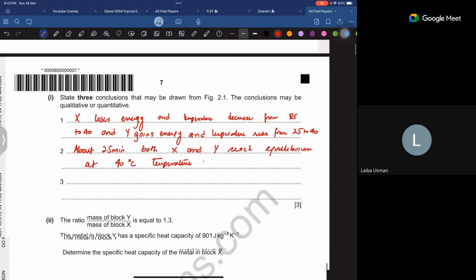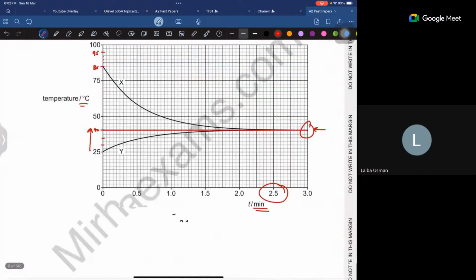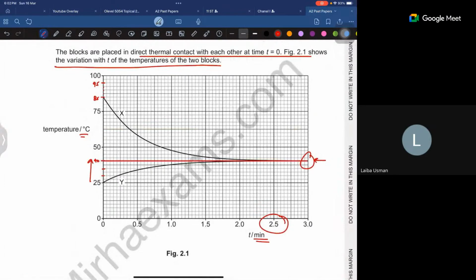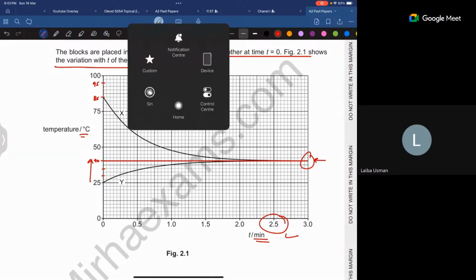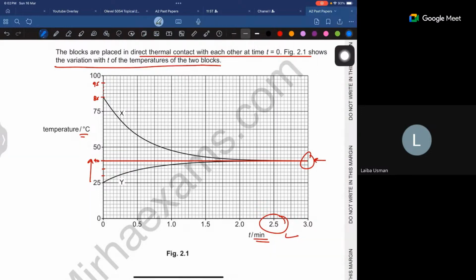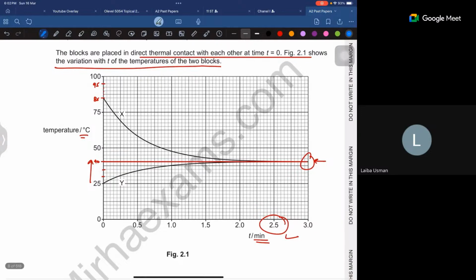All right. The next thing, if you see that within the same amount of time, X, which is at a higher temperature, is losing heat. Like it goes from, in 2.5, it lost 45 degrees change in temperature, right? And within the same time, Y has only gained about 15 degrees Celsius.